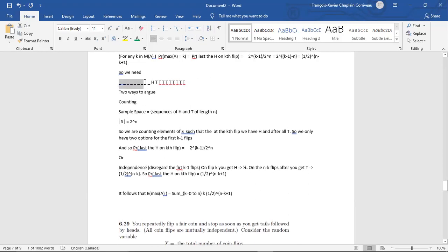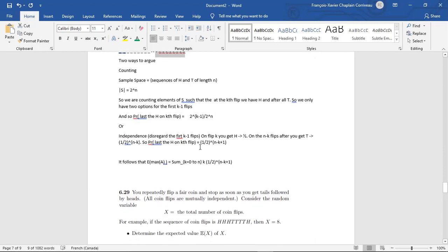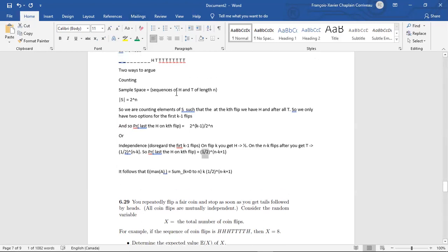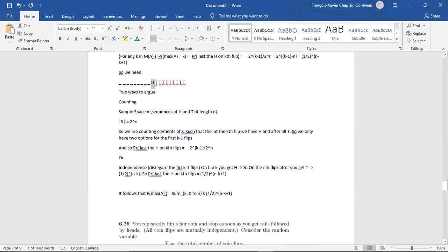Here I don't care about my first flips. I only care about flip k being head and flips k plus 1 to n being tails. So I have one flip that is head, with probability one half, and I have n minus k flips that are tails. That's 1/2 to the n minus k, so that makes 1/2 to the n minus k plus 1, because I have this extra head here.